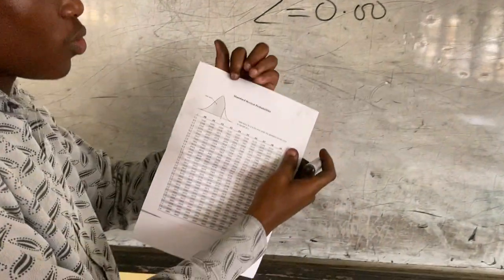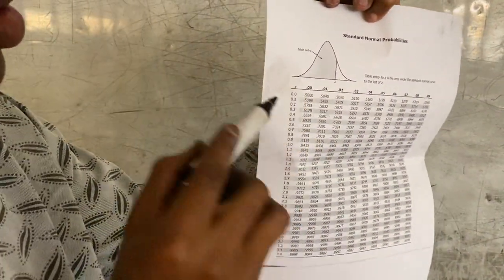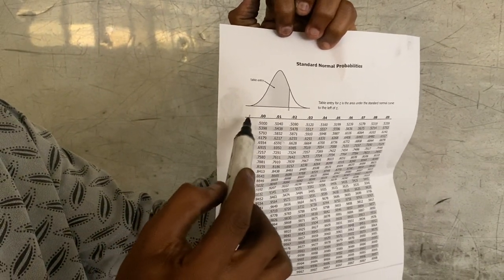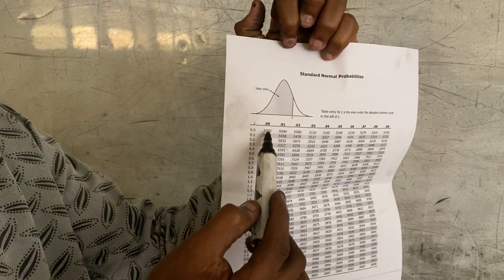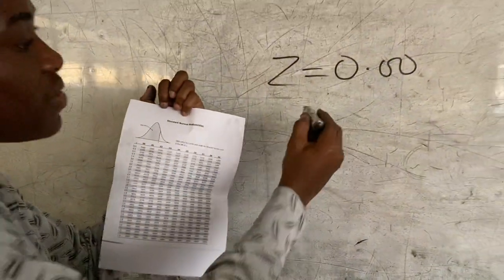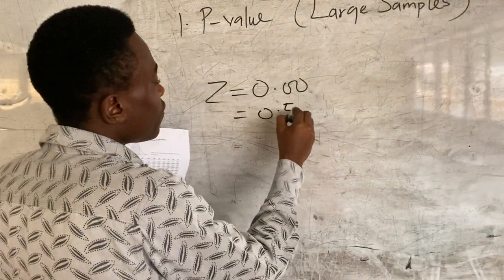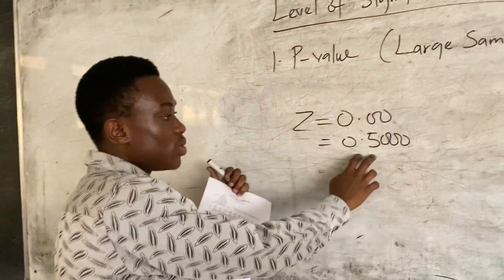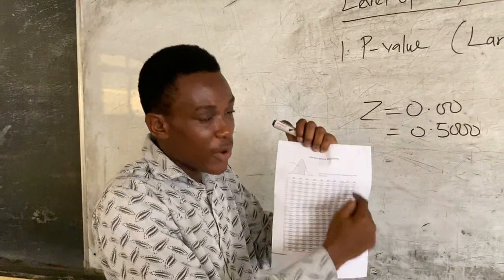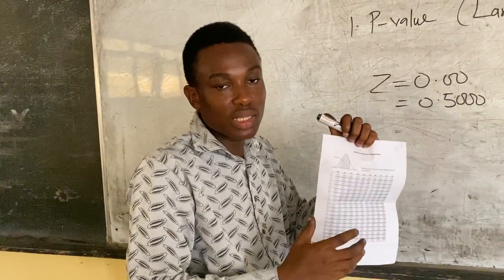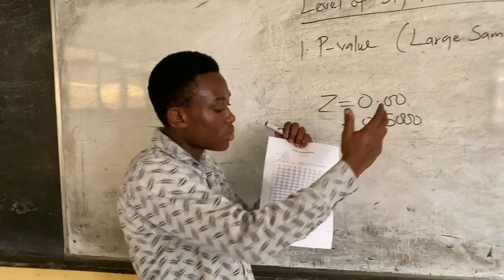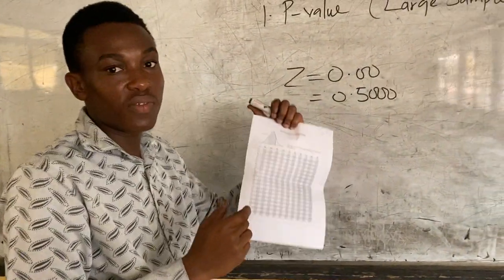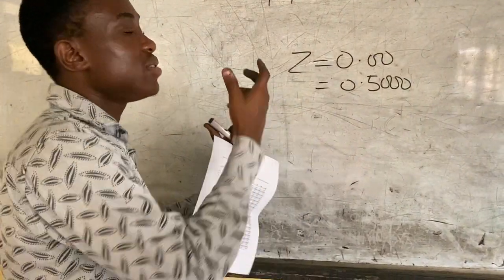So if you check the horizontal side and then the vertical side, 0.00 gives us 0.5000. So that value, 0.5000, is our p-value. So the p-value is simply the area of any z-value that we get. That is for large samples.